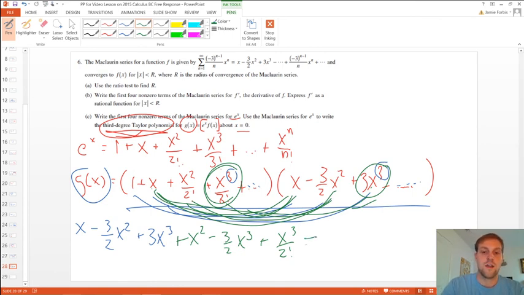So if I simplify this down, I'm going to do all the x terms first. There's only one x term, and that's just x. What are all my x squared terms? I got one right here. That's negative 3/2 x squared and positive x squared, which becomes negative 1/2 x squared.